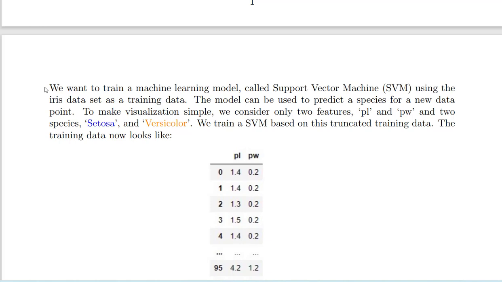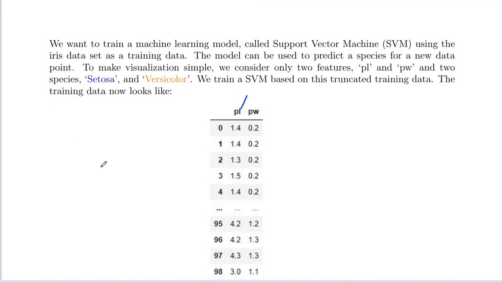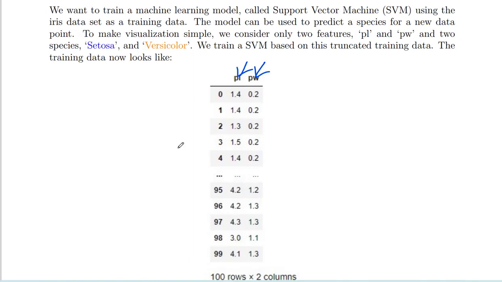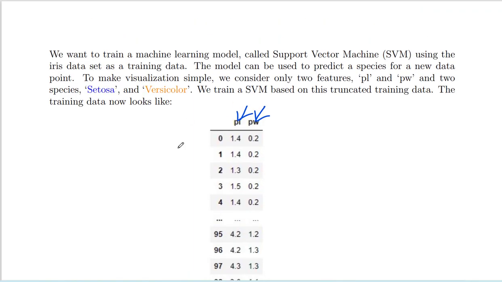Since the feature vector consists of 4-dimensional data points, it's difficult to visualize, so what I want to do here is take only two features, petal length and petal width. And also we want to take only two species, Setosa and Versicolor.